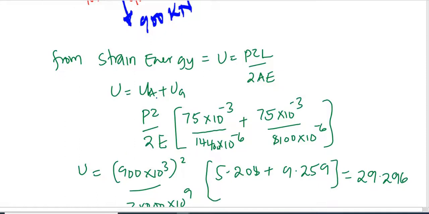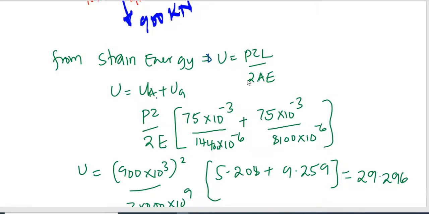Now we have already derived the expression that strain energy U is P squared times L divided by 2AE. Because there are different sections, we are going to divide it into the strain energy for the bigger section and the strain energy for the small section.